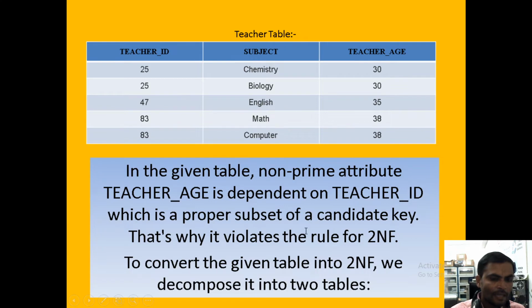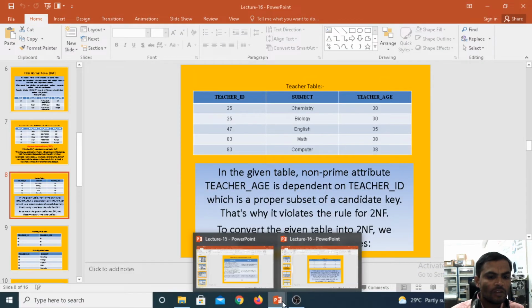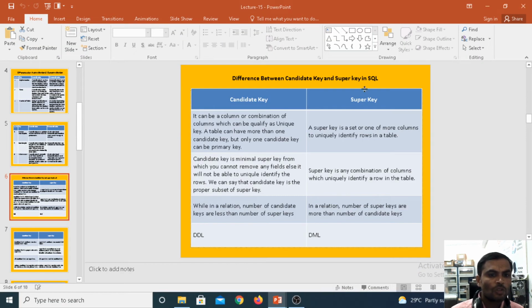Now for understanding, you already learned in the last class: what is the candidate key? What is the super key? See here, a candidate key can consist of a column or a combination of columns which can be qualified as a unique key. That means a column or combination of columns can be uniquely identified with the help of a unique key constraint.